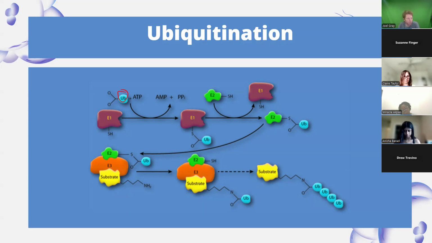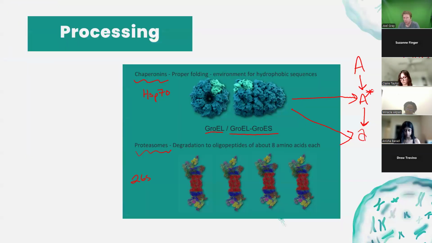So when a protein or a substrate down here gets a bunch of ubiquitin subunits added to it, that's a signal that, hey, we're going to destroy this protein. So ubiquitination is the process by which you tag a protein for destruction. Chaperones help fold proteins. Proteasomes help destroy proteins.